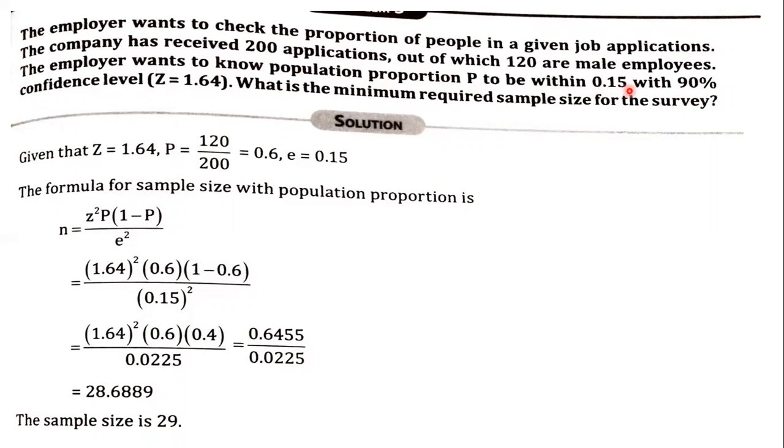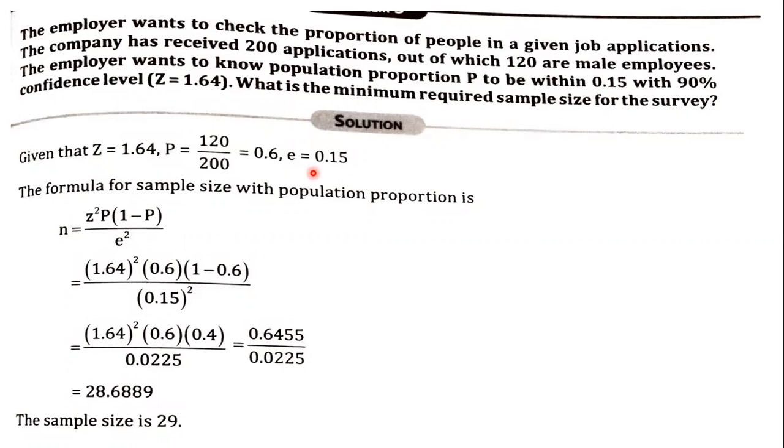0.15. One thing you will have to understand and catch in every problem is whenever they have given you this 0.15, it says within, not more than, not less than. If you find such words, then you will have to take that number, 0.15, as the margin of error.